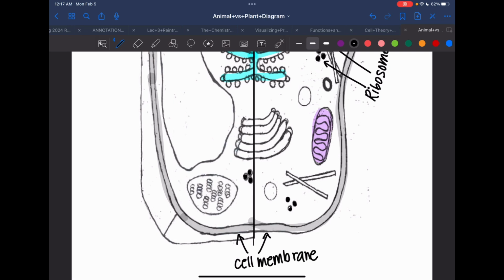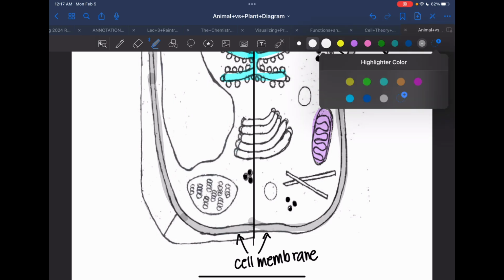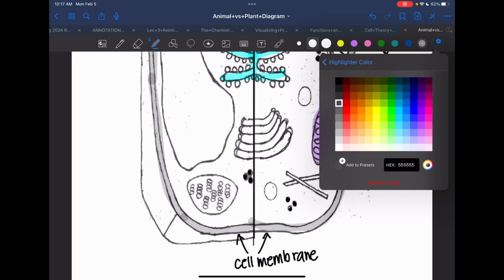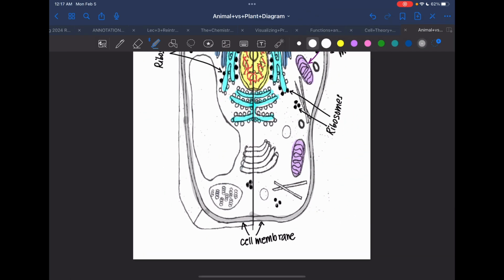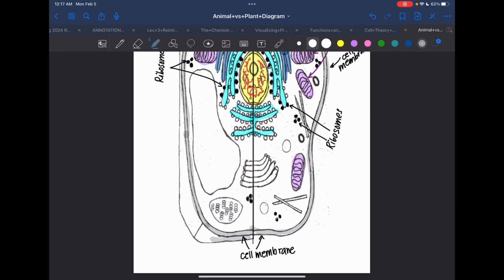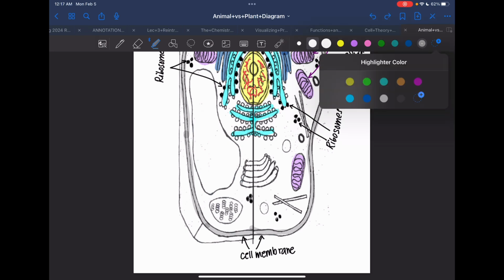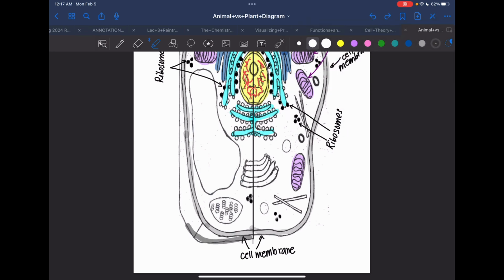Right? The interesting thing, and if you remember over on the other lecture video with the prokaryotes, I mentioned about the cell wall. The interesting thing about plants is they also do have a cell wall. So let me pick a darker gray. Oh, that didn't go. Hold on. Like a darker gray. Right?